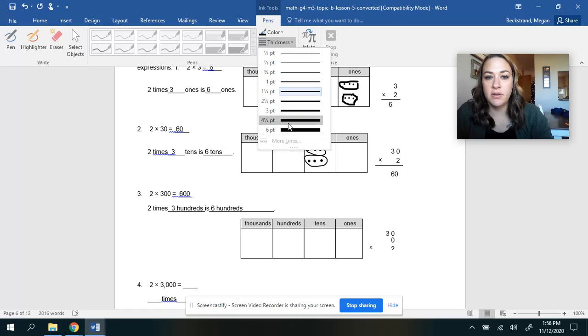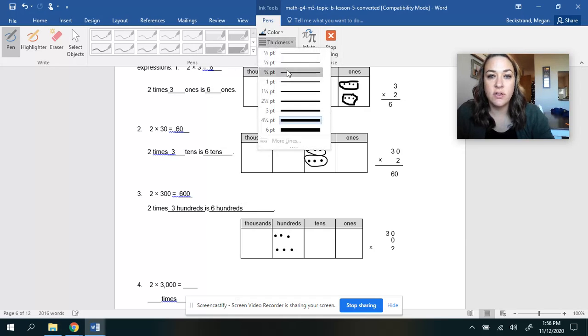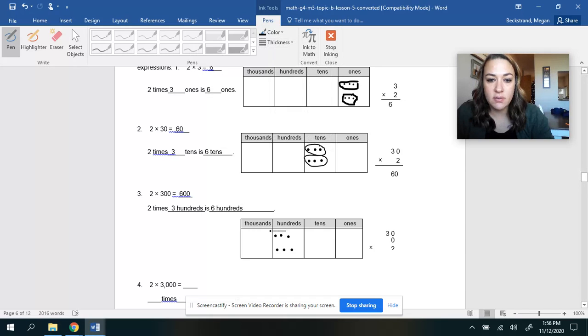Let's double check our work. So if I have 2 times 300, so I'm going to have 1, 2, 3, multiplying that by 2, 1, 2, 3. So we can show our groups. There's my 2 groups of 3 because I multiplied it by 2 is equal to 3, 4, 5, 6 hundreds.